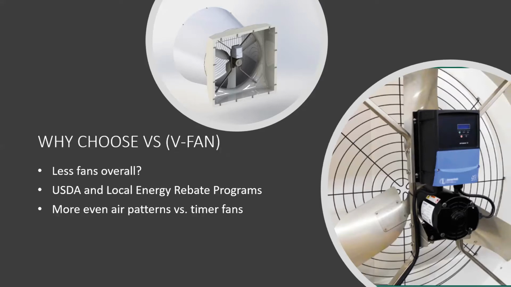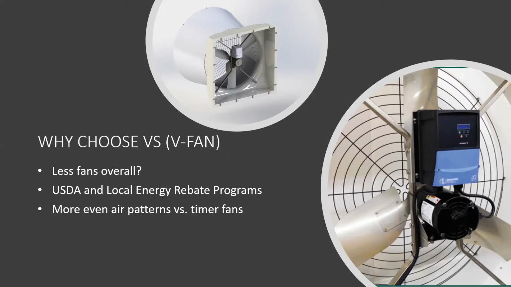Also, you could actually have fewer fans overall in the house, depending on what your application is. And Ben's going to touch on this in a few minutes, but just a quick example: let's say that you have two 36-inch regular on-off fans there in your brood chamber in a broiler house.